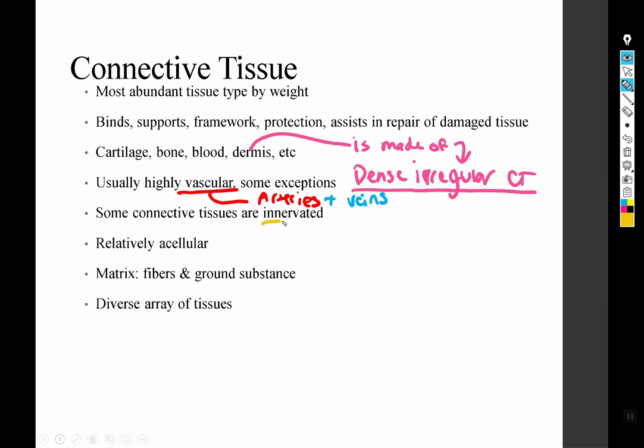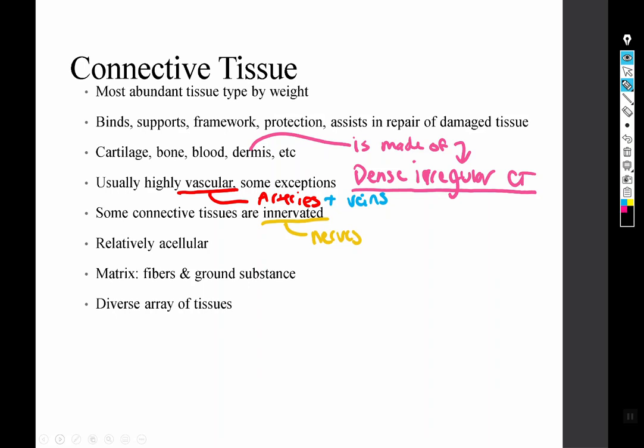So when you see this word, think nerves. And the dense irregular connective tissue of the dermis is a great example of a highly vascular, very innervated tissue. And if you go to the histology of the integumentary system videos in the lab playlist, I will show you a couple of those innervated structures.